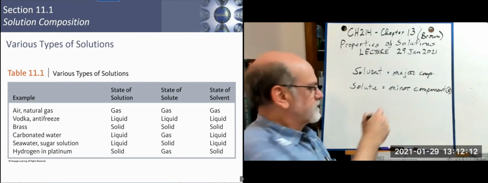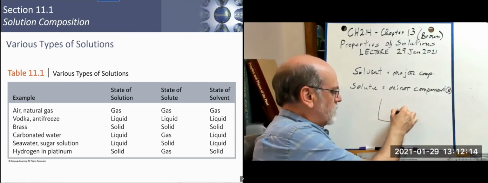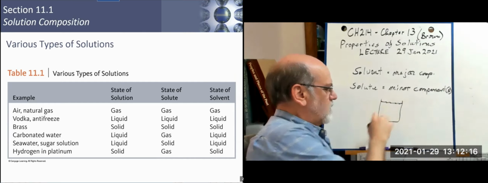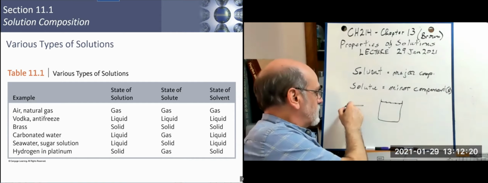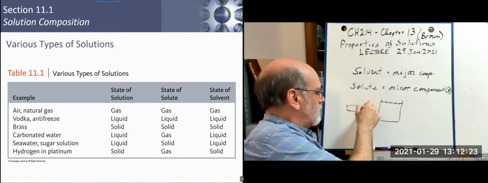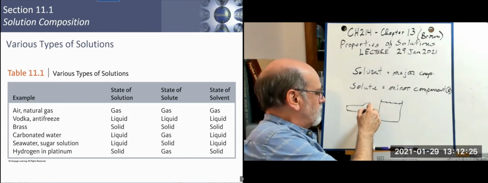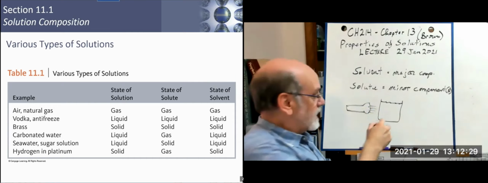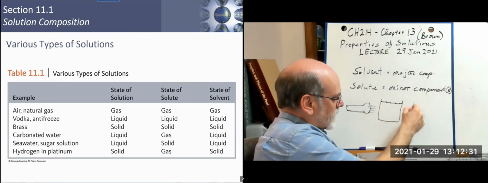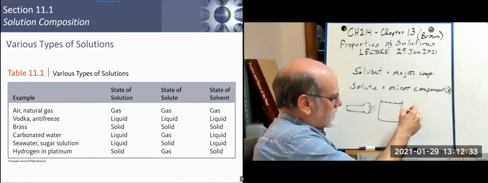So if you have a beaker of what you think is a solution, you just need a flashlight, a light of some kind, and if you can see it on the other side, let's see.